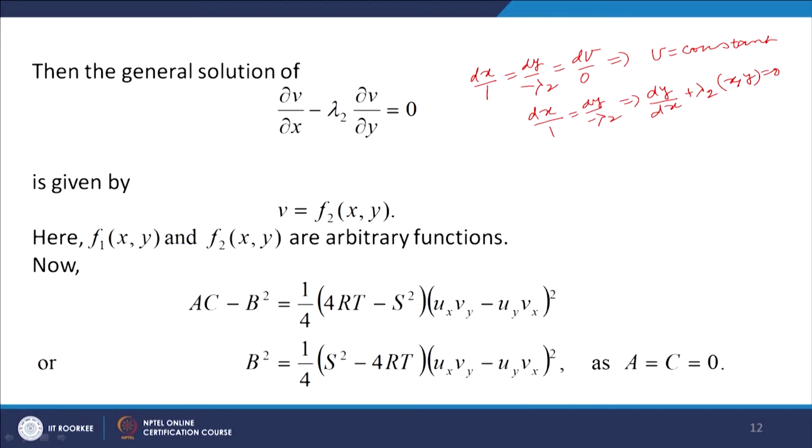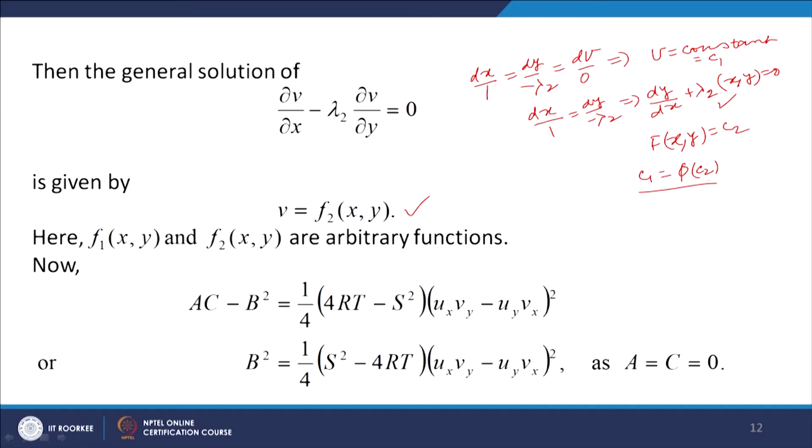So, the general solution of this equation will be of the form some function of xy equal to a constant. Let me say this is constant C1, this is constant C2. Since C1 and C2 are functions of each other, b is a function of x and y. So, we can take b to be equal to f2 xy, and u equal to f1 xy, where f1 and f2 are arbitrary functions here.